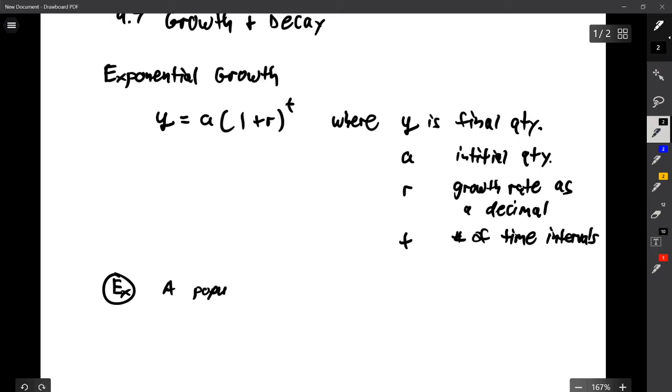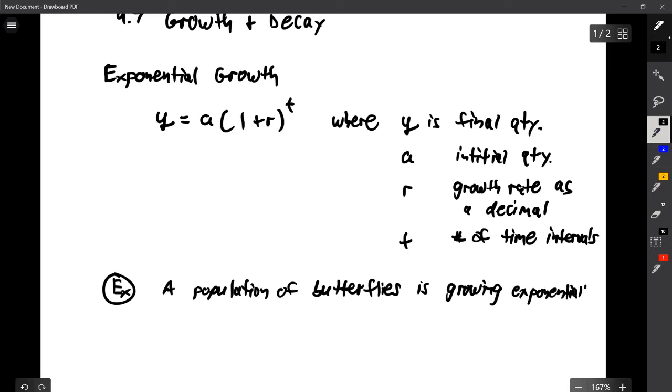A population of butterflies is growing exponentially at a rate of 14% per month.